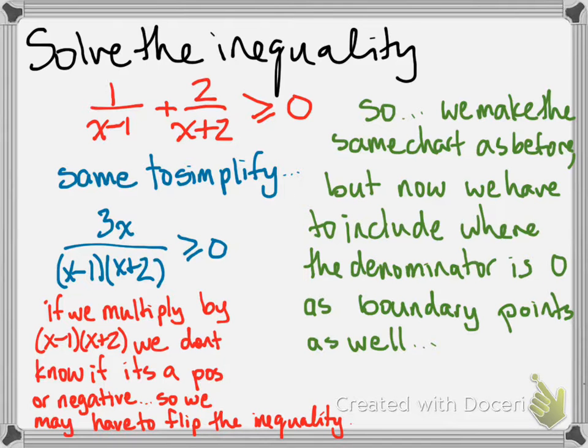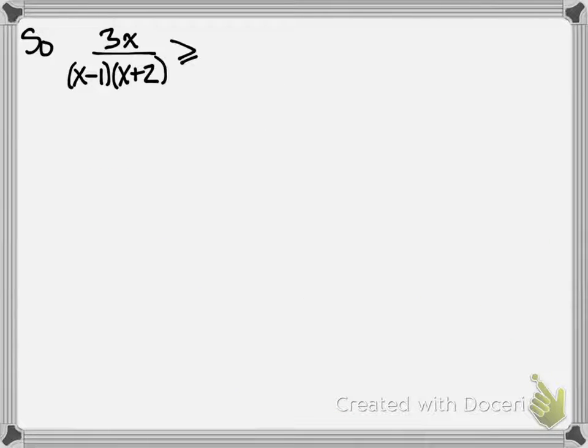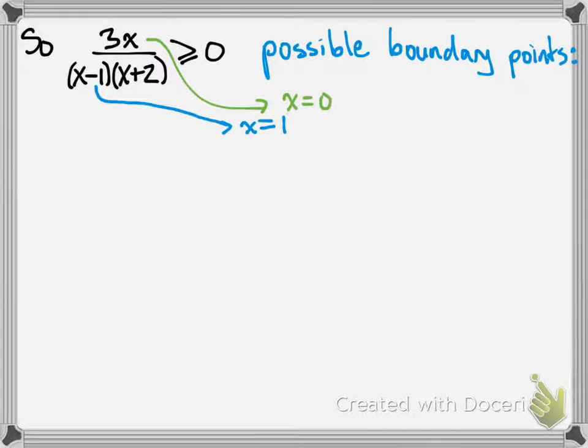So we're going to start with 3x over x minus 1 times x plus 2, because that's what we had right here. And now we're going to list our possible boundary points. So you can see from the numerator, x could be 0. And from the denominator, x could be 1 and x could be negative 2. So those are all possible boundary points.